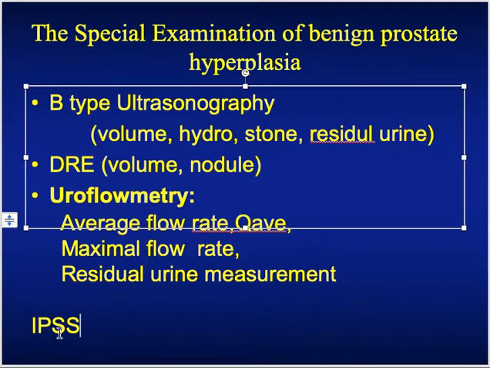On history, we can use a score sheet called IPSS, which basically has a questionnaire in which we ask the patient how much their life is disturbed due to this problem, how much frequency problem they have, how much problem they have at night, and all these things. So the IPSS scoring system can be used.